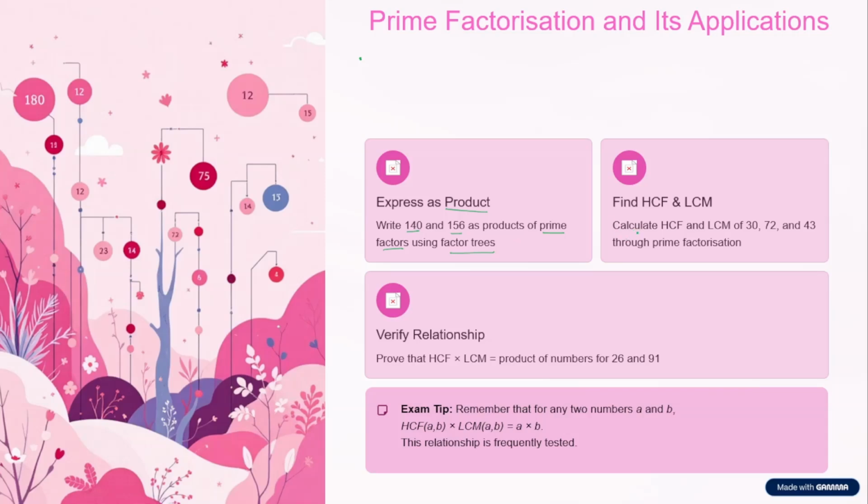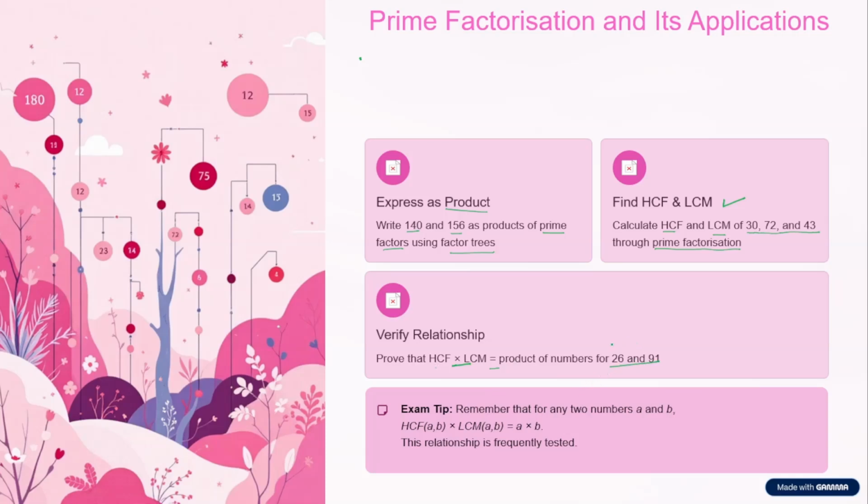Next, calculate HCF and LCM of numbers like 30, 72 and 432 through the prime factorization. Then third is verify the relationship, a very important topic. Prove that HCF multiplied by LCM is equal to the product of numbers for 26 and 91.